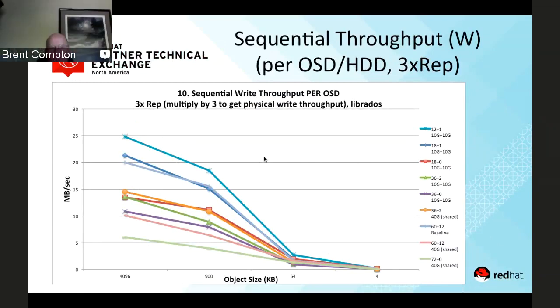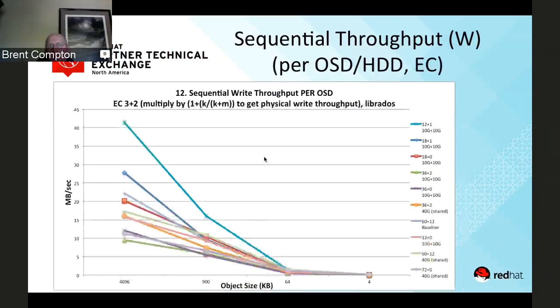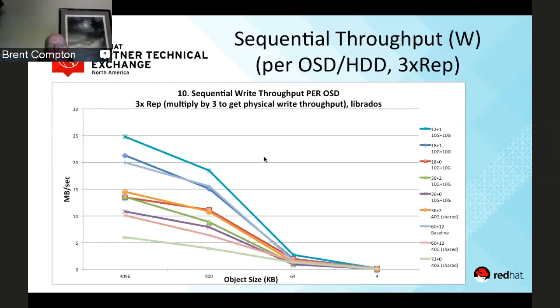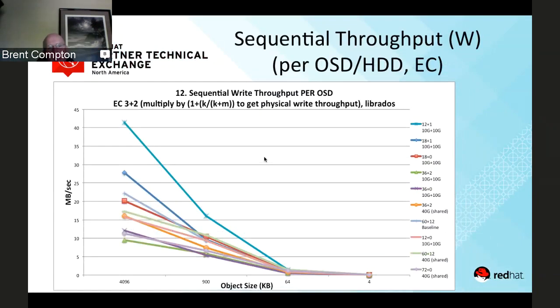And then talk us through the next slide. We shift from the previous graphs, which were 3x replicated, to erasure coding. Here you can see that the spread is from about 6 megabytes per second per drive to around 25 megabytes per second, and that spread then shifts from 10 to around 42.